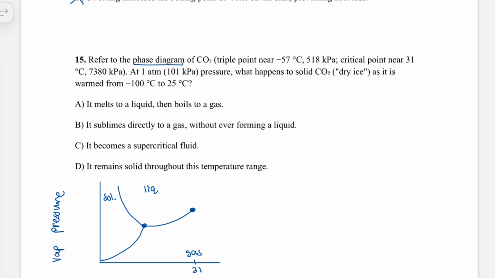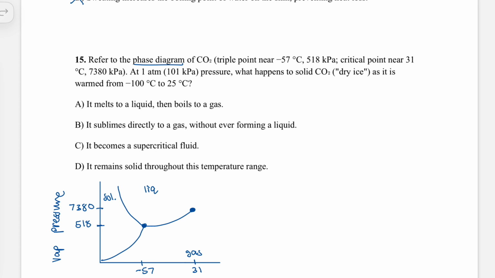It's over here, when all of the phases are in equilibrium. And I'm going to label that negative 57. This happens at 518 kilopascals. And then this critical point happens at 7,380. I know the proportions are a bit off, but it doesn't really matter.